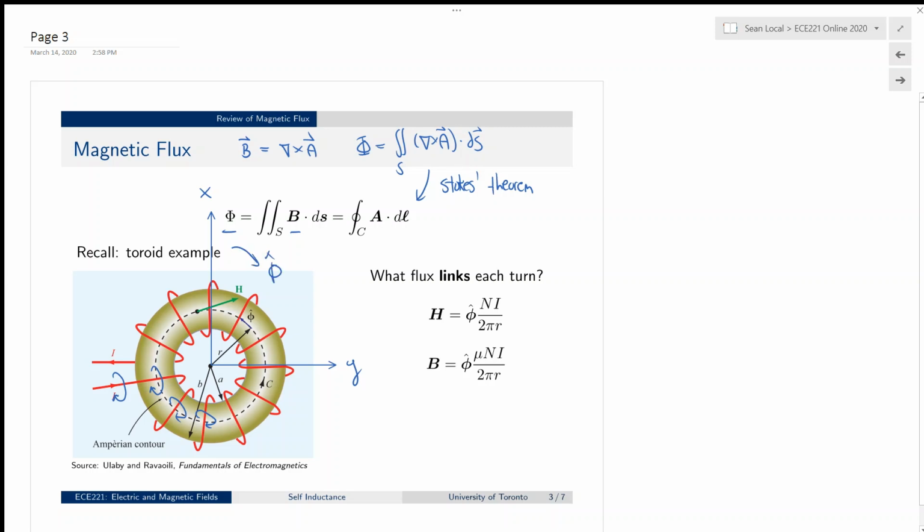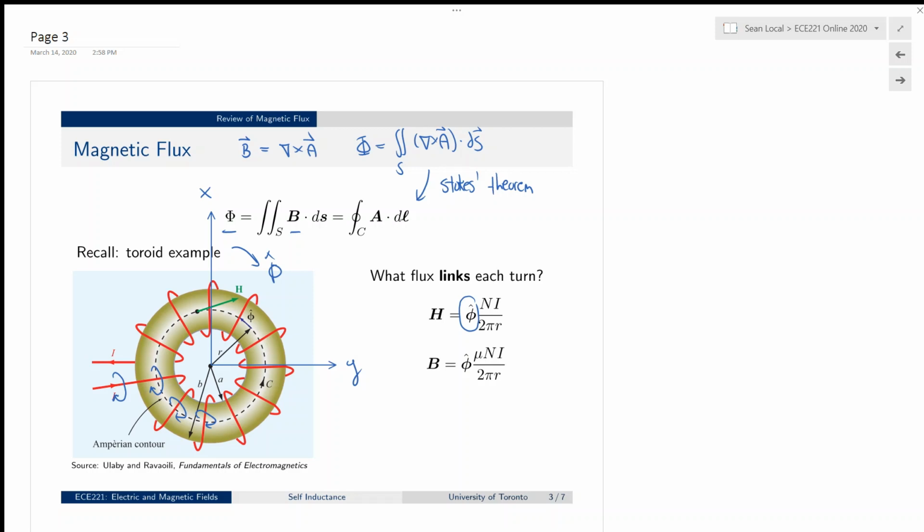So we could write the magnetic field as going in the phi direction, as you see on the right here, by attaching a phi unit vector. Now, the magnitude of the magnetic field is Ni over 2 pi r. This is from analysis of Ampere's law of this particular toroid, which we'll not repeat here.